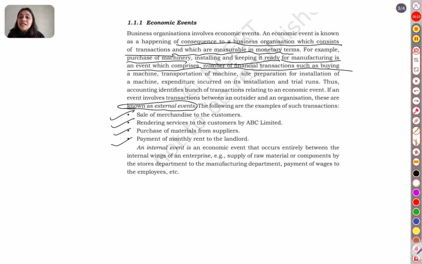So an internal event is an economic event that occurs entirely between the internal wings of an enterprise. Example, supply of raw material or the component by the store department to manufacturing department, payment of wages to employees. These are my internal expenses. Now easily if you bifurcate this, external क्या होता है?